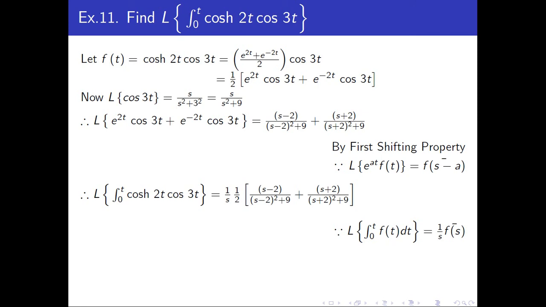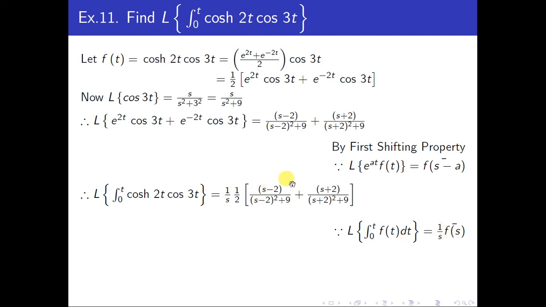Next, therefore, Laplace transform of integration from 0 to t of hyperbolic cos of 2t into cos of 3t is equal to 1 by s times this, since we have the formula Laplace transform of integration from 0 to t f of t dt is equal to 1 upon s f bar of s.